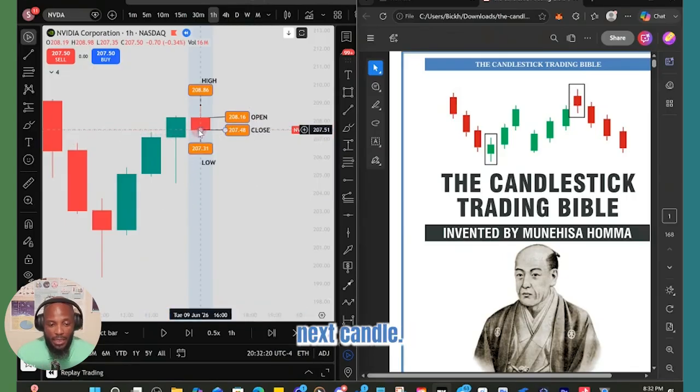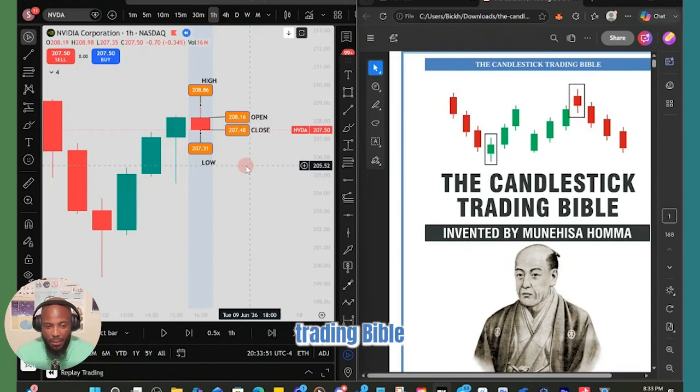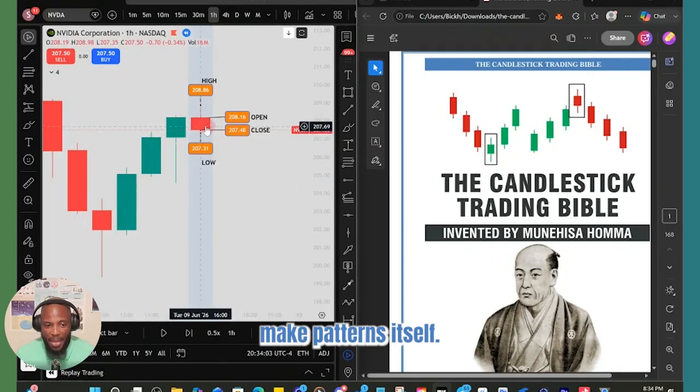Don't you forget that. Next candle, 5 o'clock to 6 o'clock candle, opened at 208.06. Went as high as 208.86. Got sold down as low as 207.31. Got bought up to 207.48. So on the Candlestick Trading Bible, as I mentioned, just like we go find patterns of structure, the candles make patterns itself.